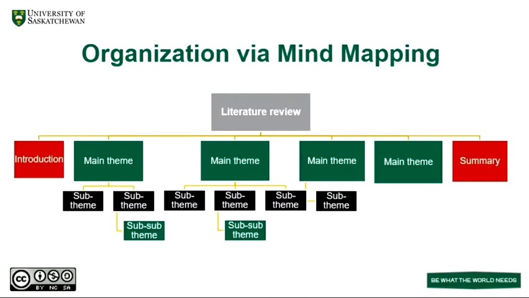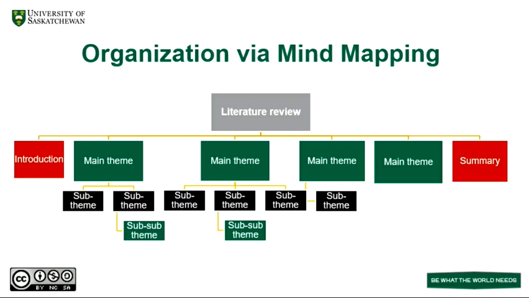Now, once you start seeing a lot of these commonalities starting to emerge, this might help you to distinguish among different themes or sub-themes that you might develop and explore as part of writing your literature review.